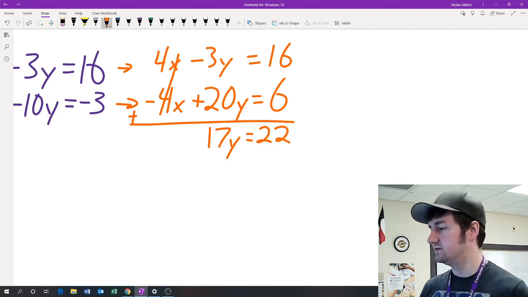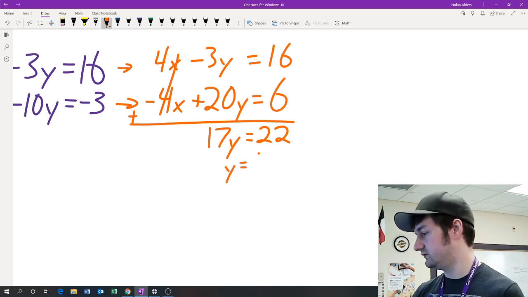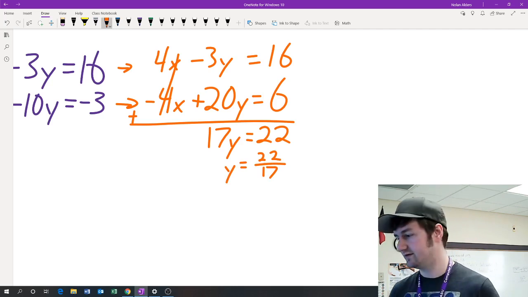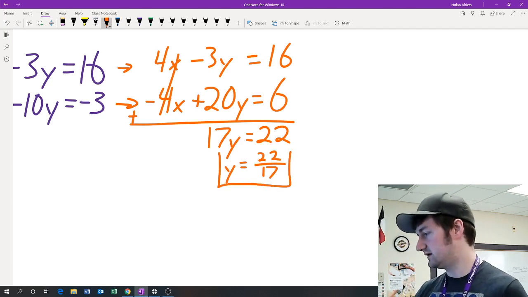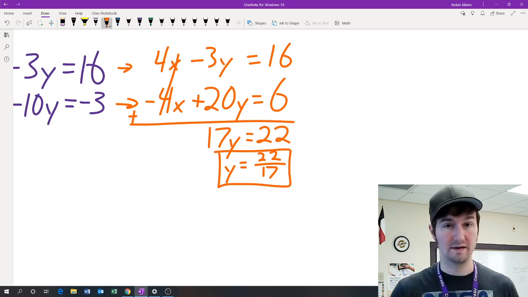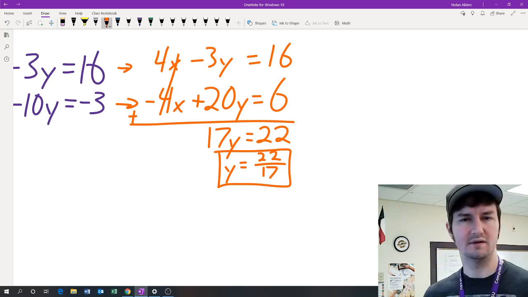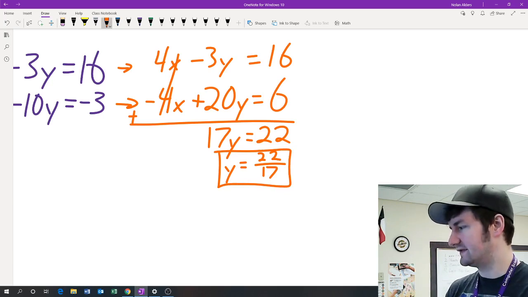Okay? To get rid of the 17, we can divide by 17, and we'll have 22 over 17. So there is our answer for y. I don't think it simplifies any, so we can just leave it like that.